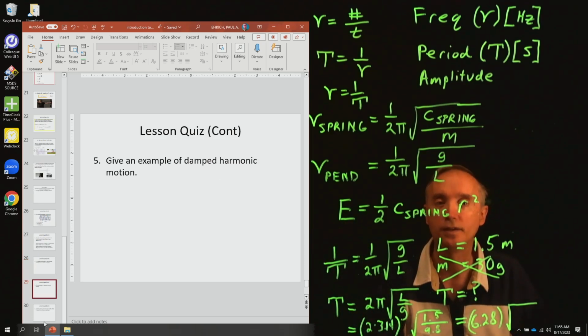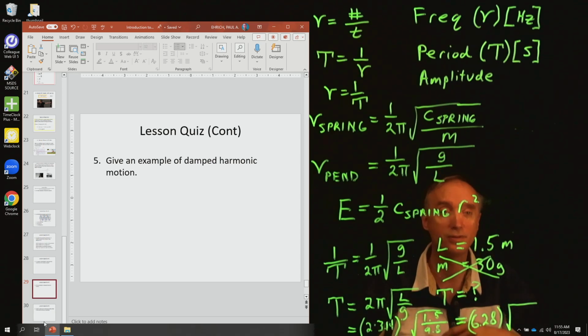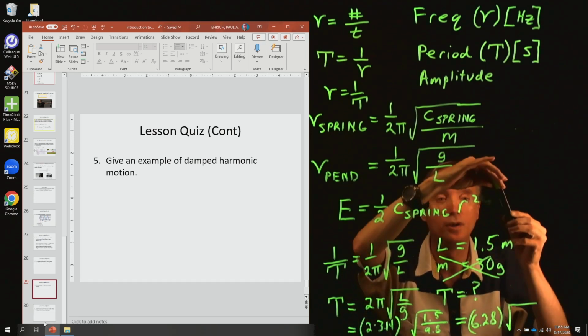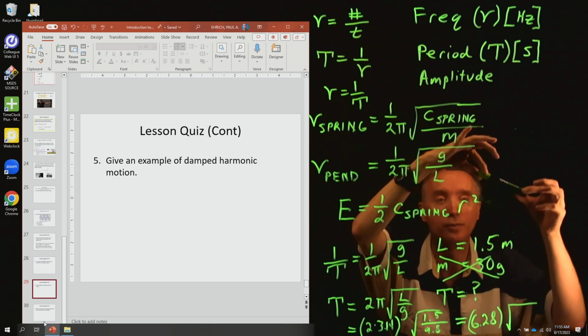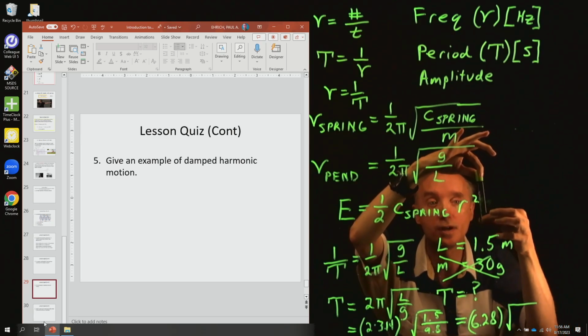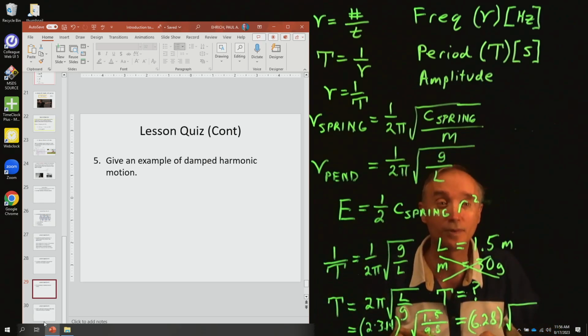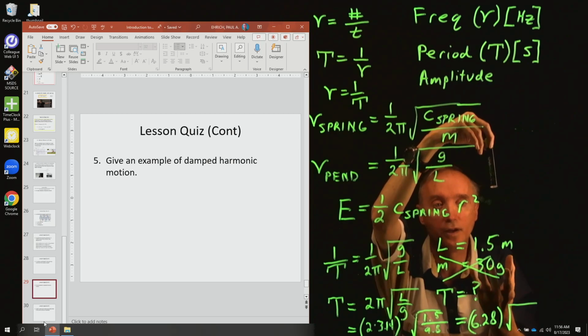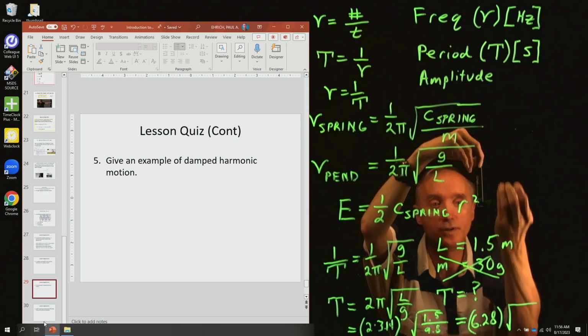Number 5, give an example of damped harmonic motion. Basically all motion is damped. So we did the one where you took a pendulum and you pull it out and then you let it go back and forth and eventually it comes to a stop. You could do the same thing with the spring. So if you take the spring and you pull it down and you let it go, it's going to oscillate up and down, but eventually it comes to a stop.